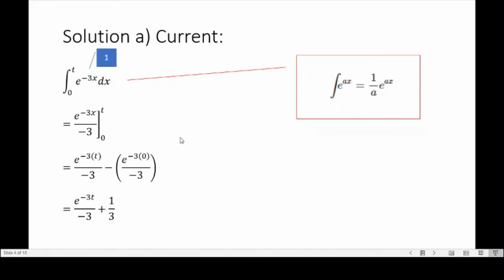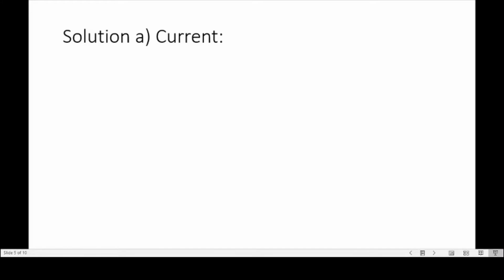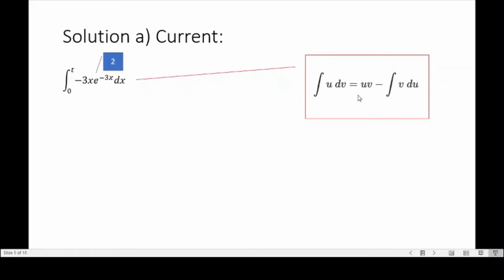Let's solve the second integral. The second integral is from 0 to t of negative 3x e to the negative 3x dx. So we could see that there are two variables: we have an x and we have e to the negative 3x. To solve an integrand like this, we could do integration by parts.